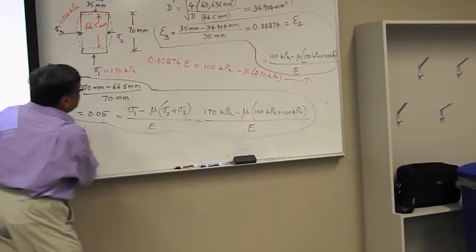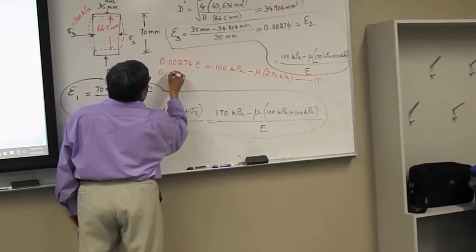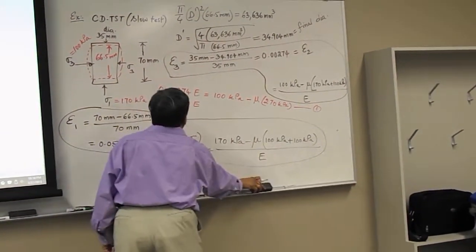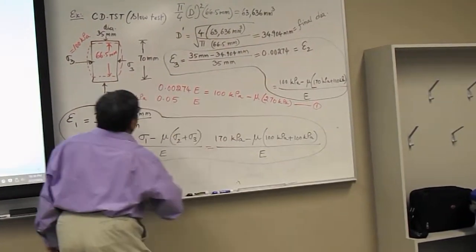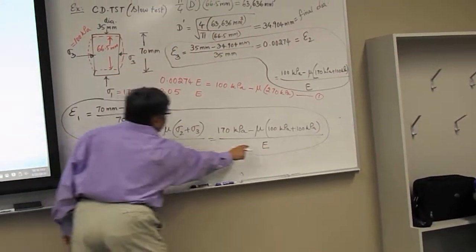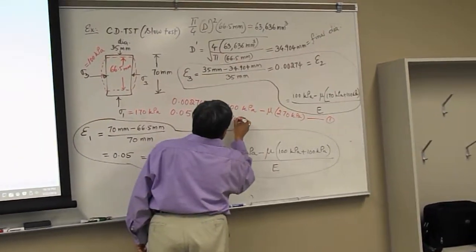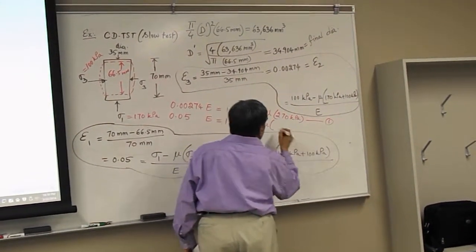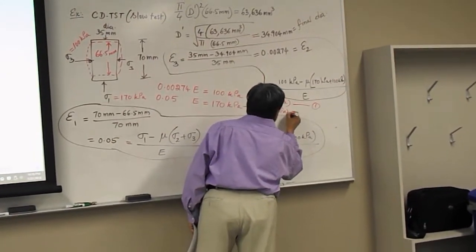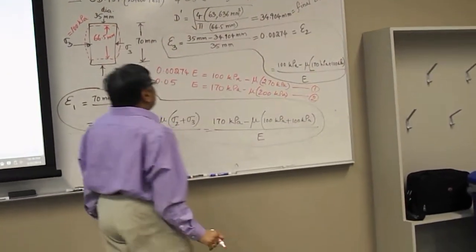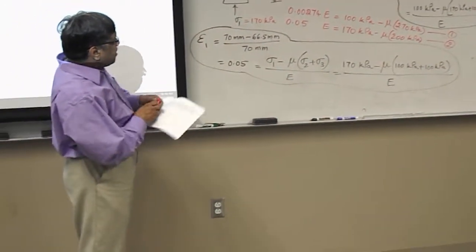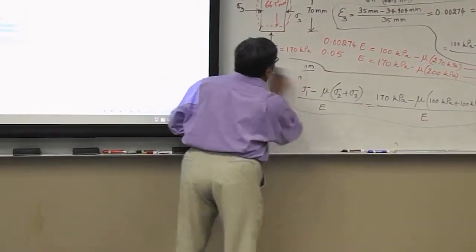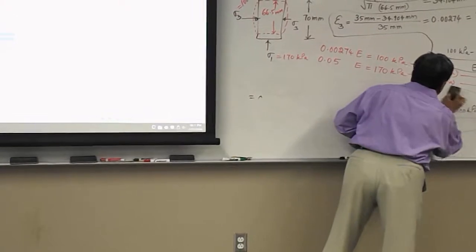And from this what you get is 0.05 E. Let us stop there. 0.5 E, I'm just multiplying these two things, equals 170 kPa minus mu times 200 kPa. This is equation 2. With all the math knowledge you have, you can solve these two things and get the E and Poisson's ratio values.